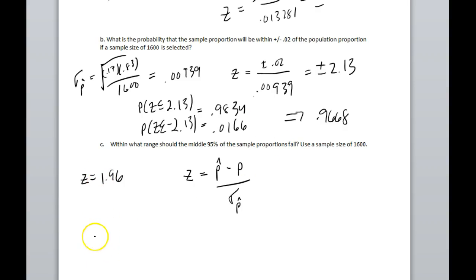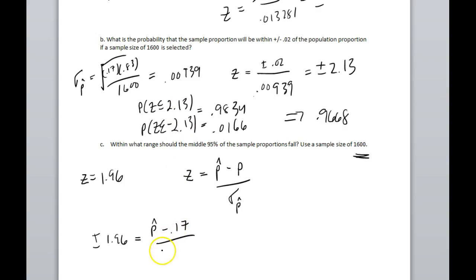So plus or minus 1.96 is equal to p hat minus the p that we're using in this problem, which is 0.17, all over the sigma p hat, given that we're using 1600 as n.